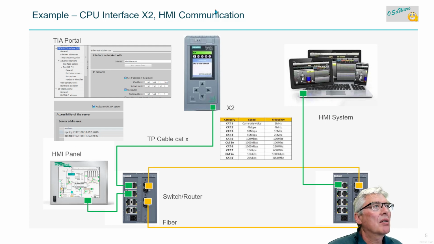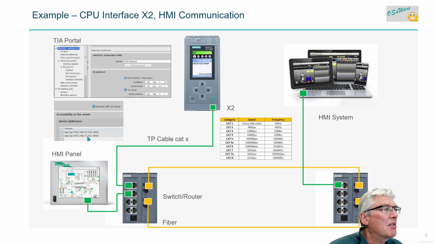Yes, this was HMI communication, how you do that. This is the Profinet X2, I think, with router and everything and setup, and how it's connected, maybe to a switch or router. Maybe you have a redundant ring here with optical fiber. And here's an HMI panel that you communicate with, which has an address, whatever. Here we have activated the OPC server, and it can be accessed through the interface. It's the other interface here.